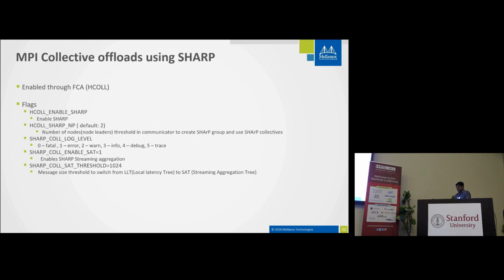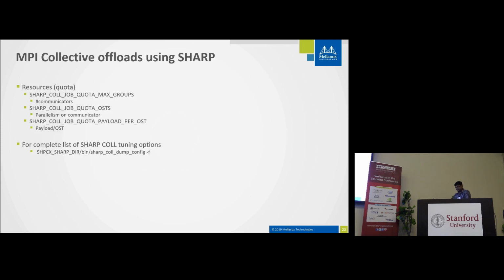Also, in the latest Quantum hardware, we have streaming aggregation, which is highly optimal for bandwidth with large messages. An application can also ask for a specific amount of resources. As I said, there are groups and operations, and Sharp supports multiple groups.